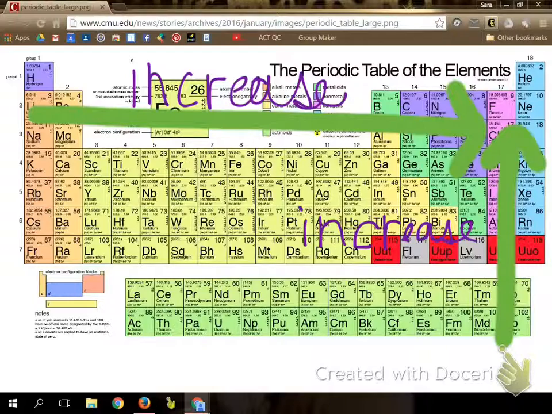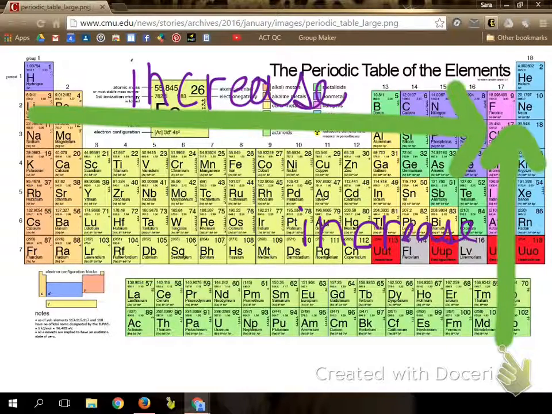Why does it have a greater ionization energy than, say, iodine? It's higher on the periodic table, but yes. Why? You know, Joe, what do you think? Electrons are closer to the nucleus. Perfect. Fluorine's electrons are closer to the nucleus because we have fewer shells. So as we get farther down the periodic table, we gain a shell every time.